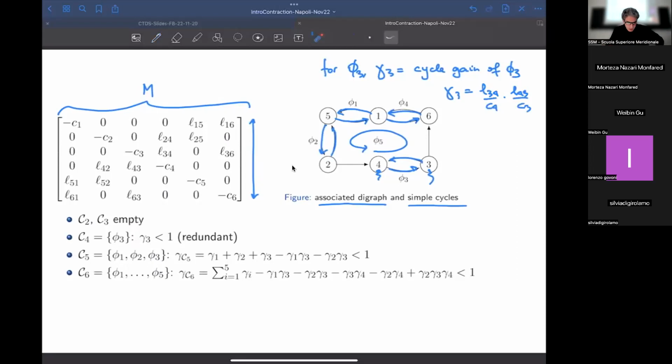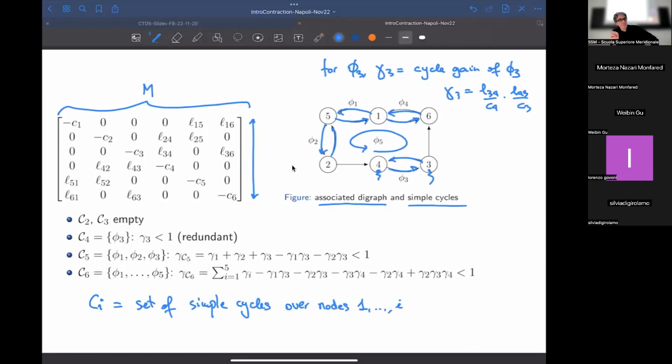Now, it turns out that the Hurwitzness of the matrix L is if and only if the following property holds. You look at all of the cycles. Ci is the collection of sets of simple cycles over the nodes.